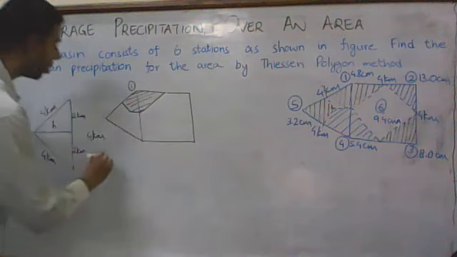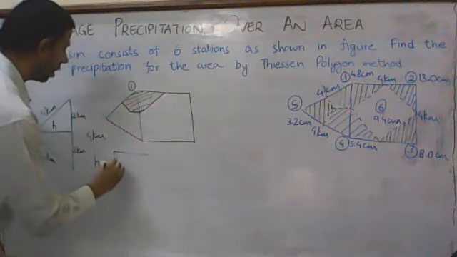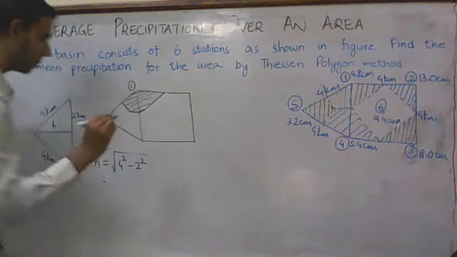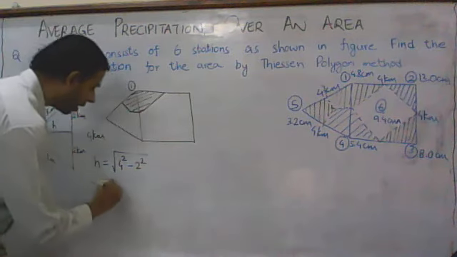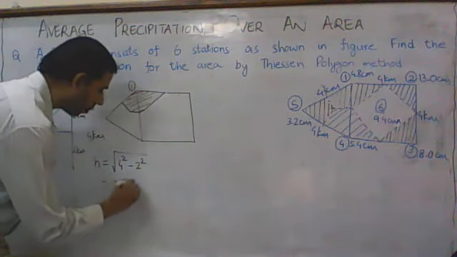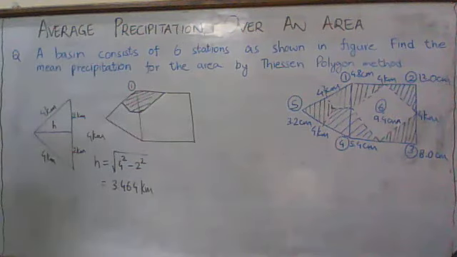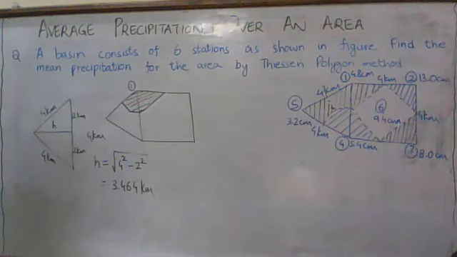According to Pythagoras theorem, h will be equal to under root of 4 square minus 2 square. That comes out to 3.464 kilometer.